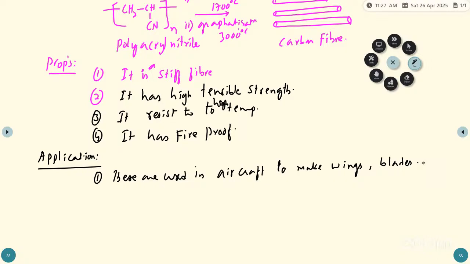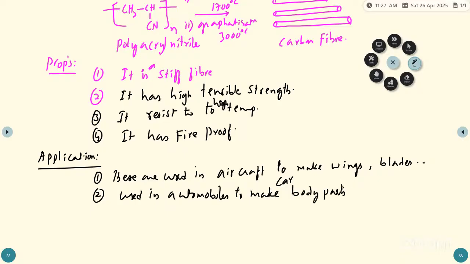And next, used in automobiles to make car body parts, and wheels and rims.